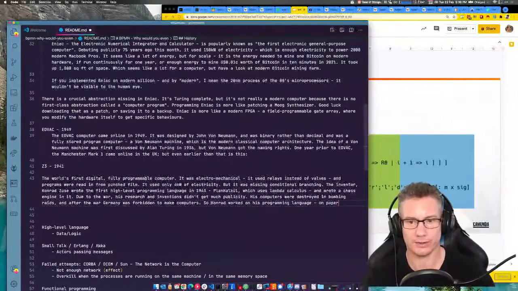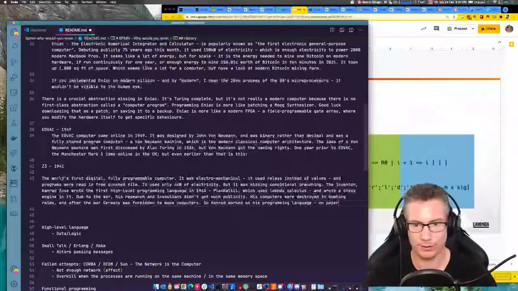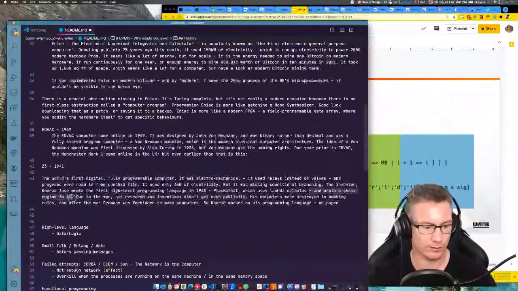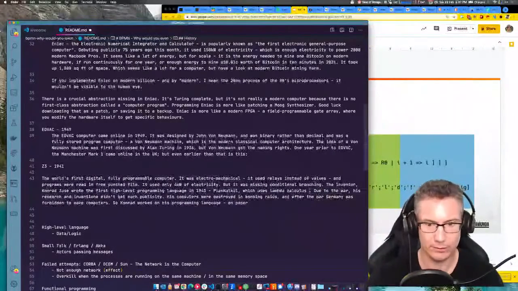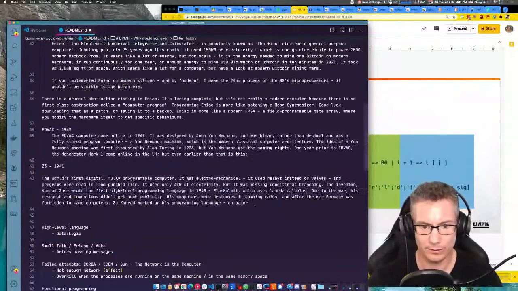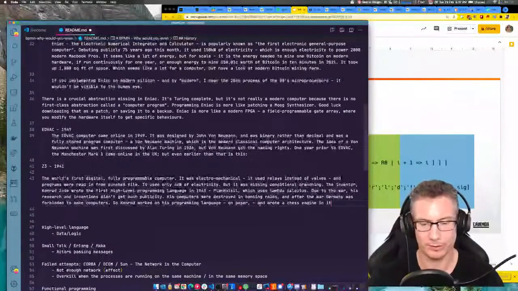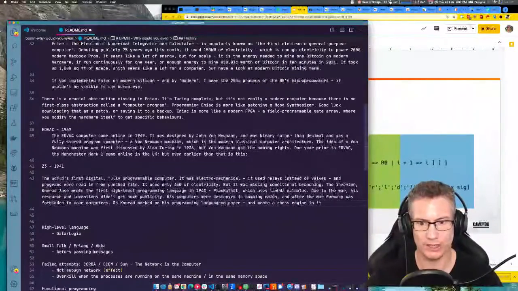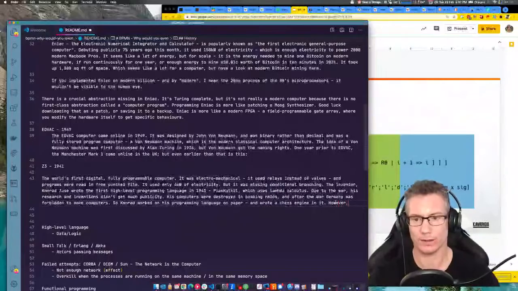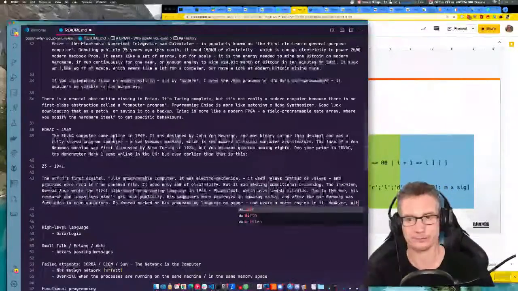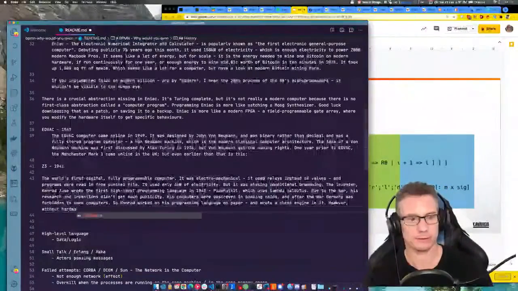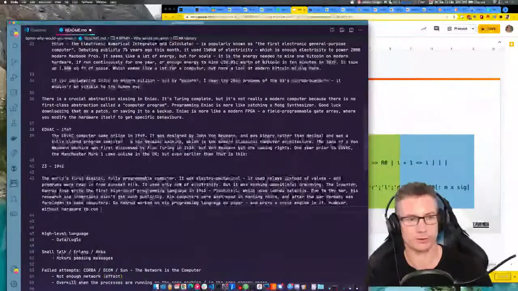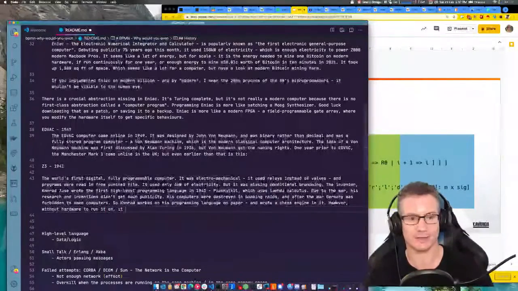Okay, so this is where we say on paper and wrote a chess engine in it. However, without hardware to run it on, it didn't get any traction.